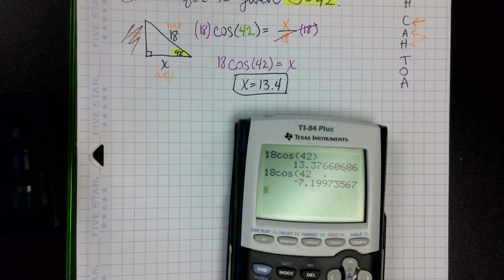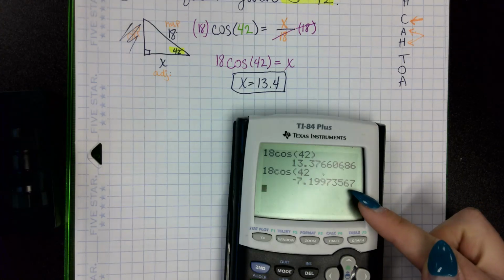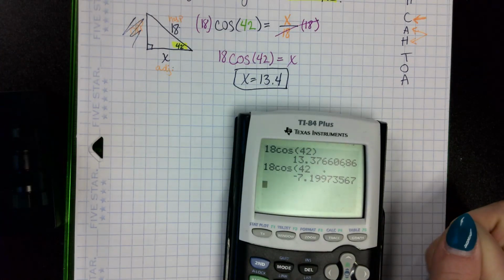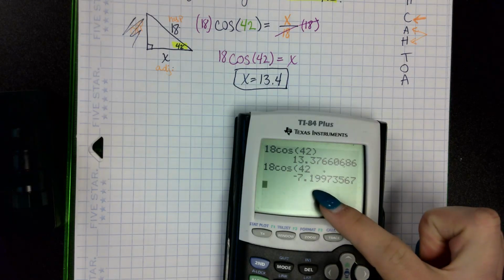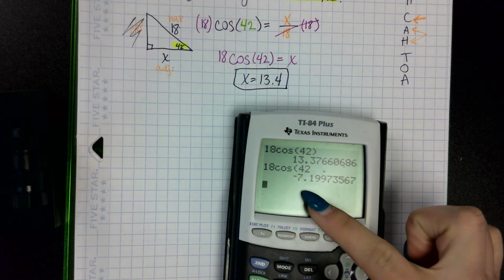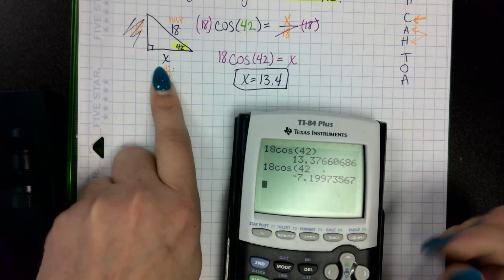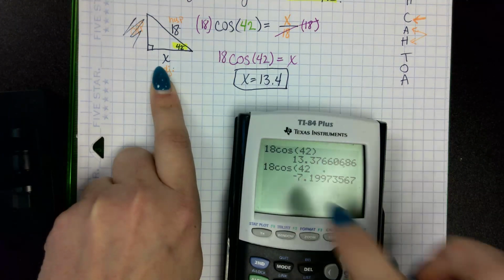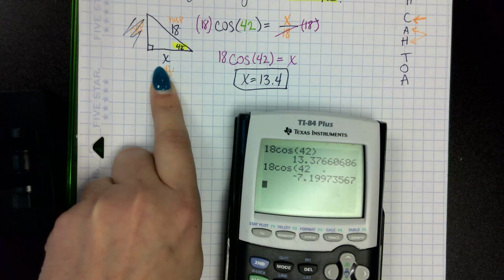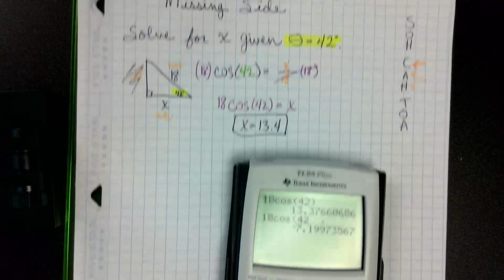The first thing you should do if you get a really out there answer that doesn't make sense is check the mode and see if you're in the right mode, radians or degrees. Another way, it'll give you a weird answer like 0.002. And if my hypotenuse is 18, it's very unlikely that a leg of the triangle has a length of 0.002. So normally you'll either get a negative or a really small decimal, and you need to go back and check the mode. Make sure you're in the right mode.